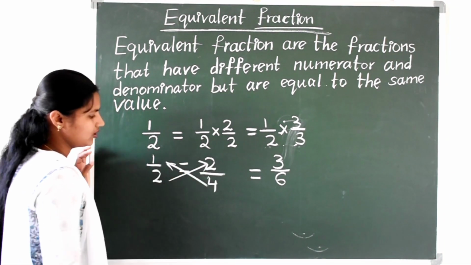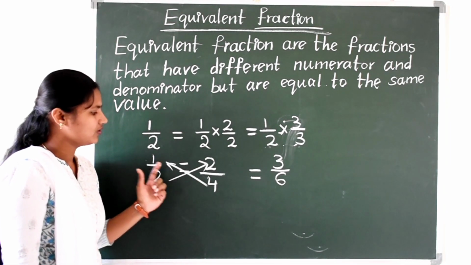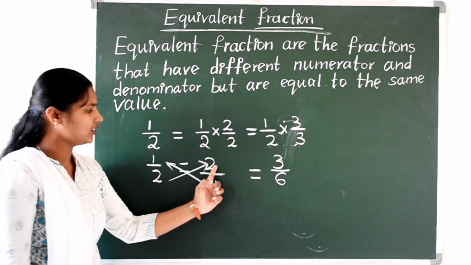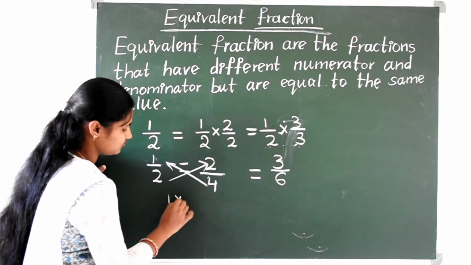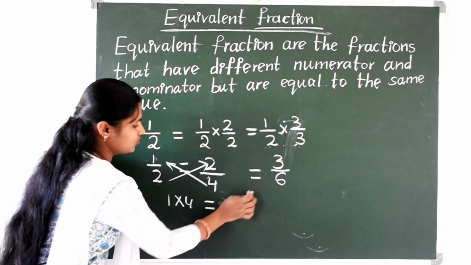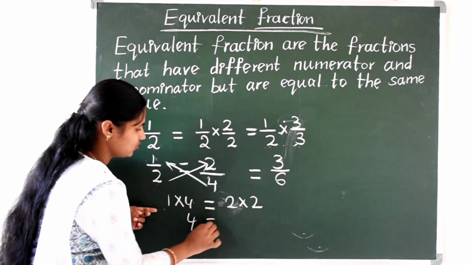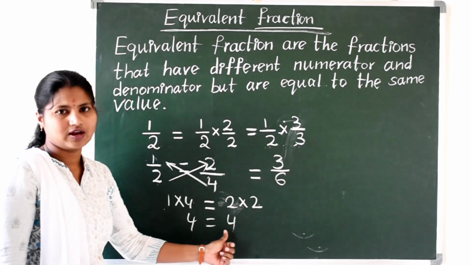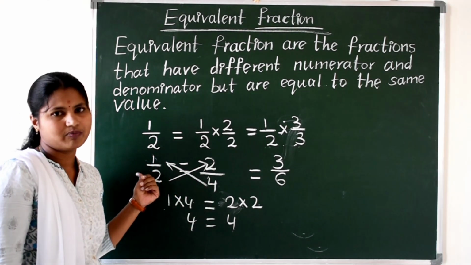Cross multiply means we multiply the first numerator with the second denominator, and the second numerator with the first denominator. 1 times 4 is 4. 2 times 2 is 4. So here we have the same value, right? So 2 by 4 is an equivalent fraction of 1 by 2.